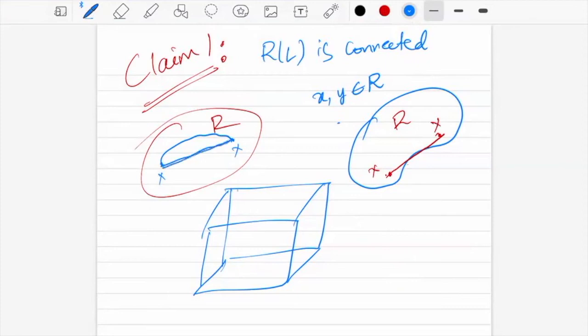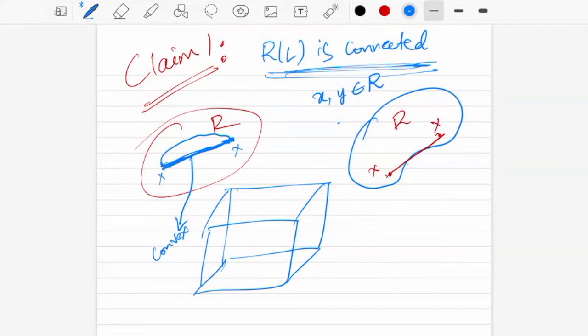If they are connected in a straight line, we could say that this region is a convex region. So let's try to prove that R of L is connected in a convex manner, because as I said, it's easier to prove that 2 points are connected in a straight line than in some other way.